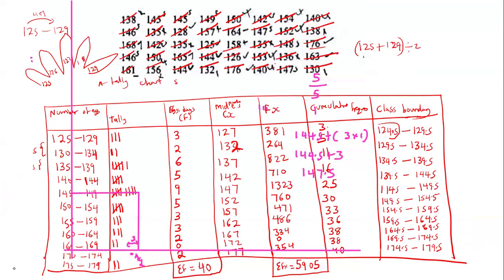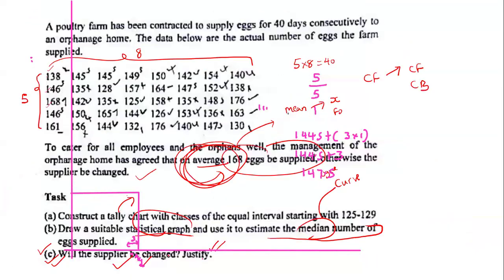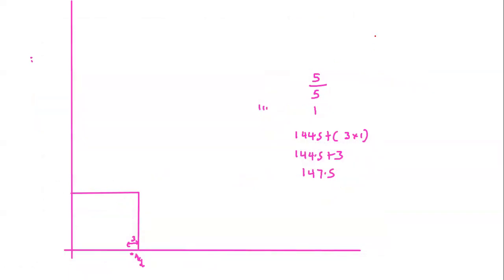The item also asked us, will the supply be changed? Justify. Now, the supplier will be changed because here on average, 1/6 eggs will be supplied. You are going to ask yourself, what is the average? So you first obtain your average such that you compare very well.